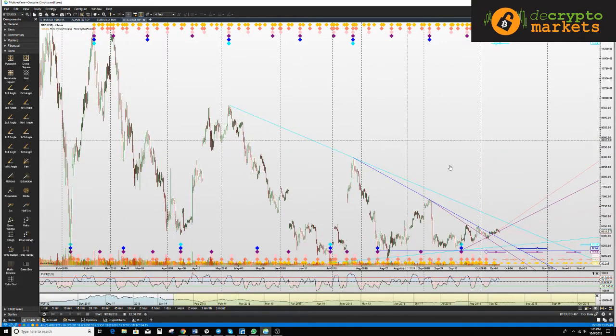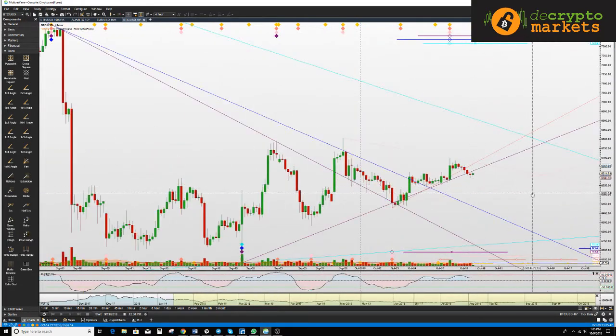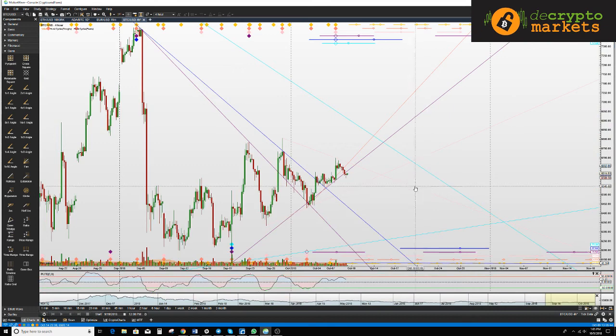Let it calculate. There we go. The trend lines change depending on the day and the time frame, but it's really no different. We still see this tight consolidated range here.